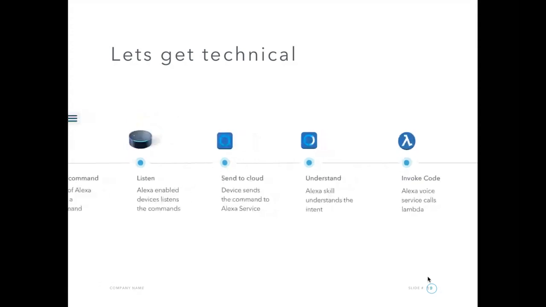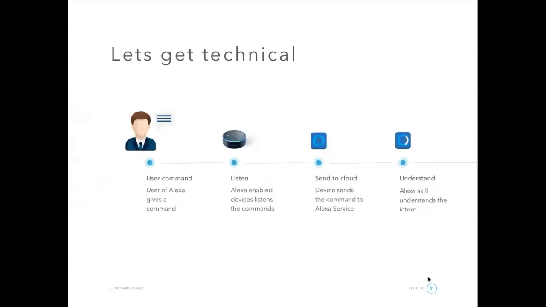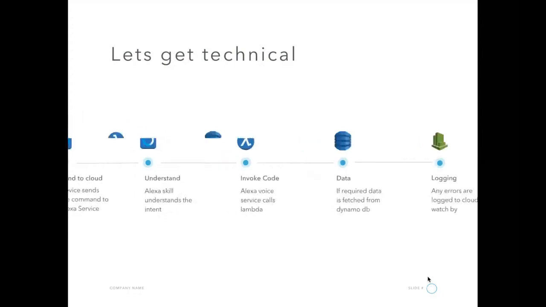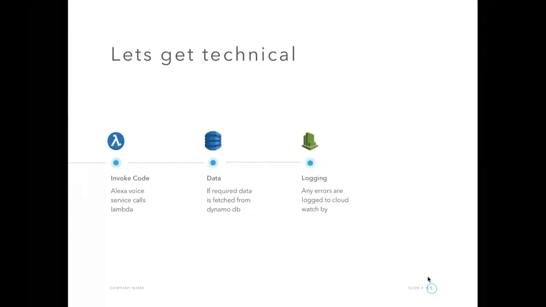This is where Alexa service comes into the picture. It tries to understand what your intent is, and once it understands your intent, it will call the respective Lambda function. The Lambda function can in turn call any database like DynamoDB, or if you kept your data in Firebase or some other database, it can call that, and you can also call the log.